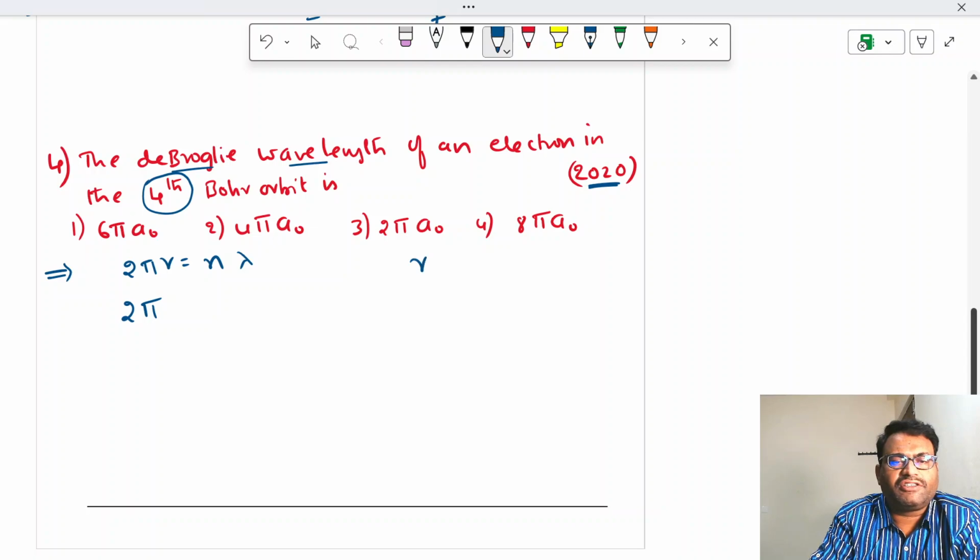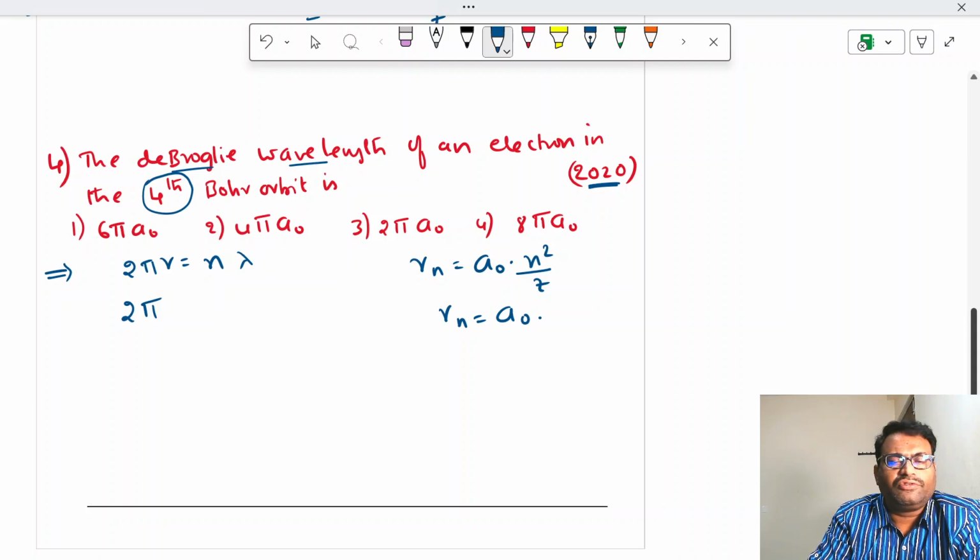We know that the radius of the nth orbit is equal to A0 into n square by z. So the radius of the nth orbit is equal to A0 into 4 square by z. Here we have taken Bohr orbit, which means it is for hydrogen atom, so z is 1.